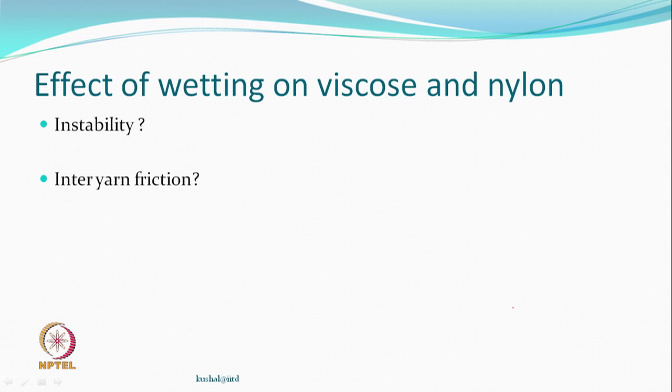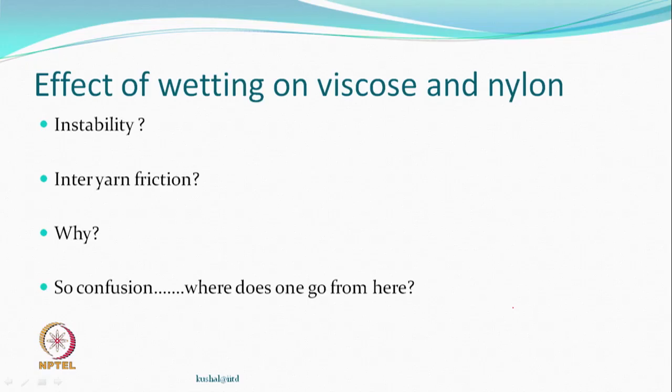Then they measured the inter-yarn friction. When they measured it, it was found that actually it was more even on nylon filament yarns, and the inter-fiber, inter-yarn friction was still more in the case of viscose filament yarns.